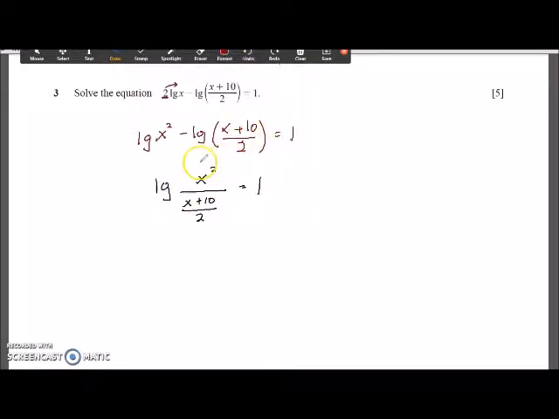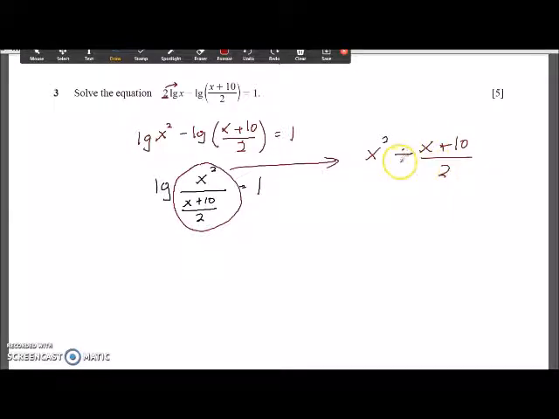To explain further, this is x square, you divided by x plus 10, you divided with 2. When the divide changes to multiply, this will be inverted to x plus 10.